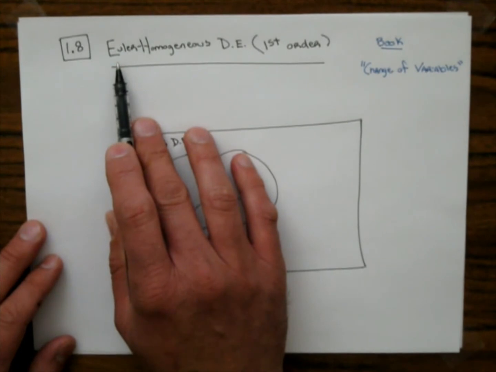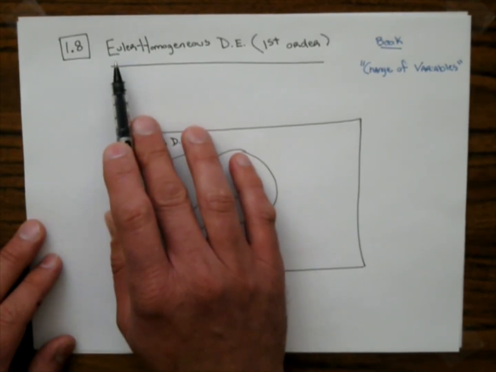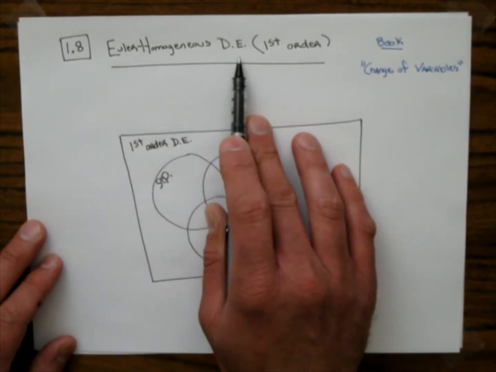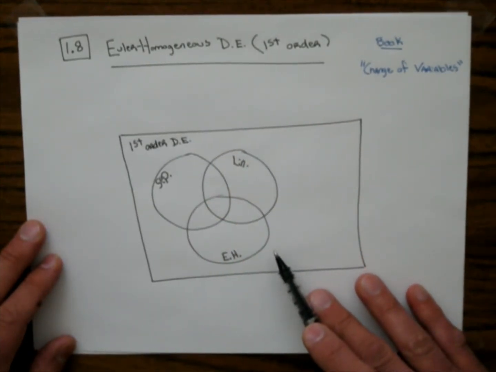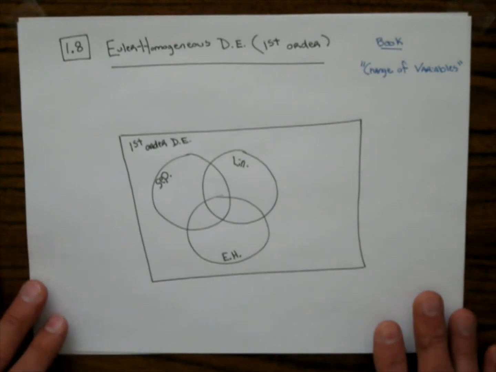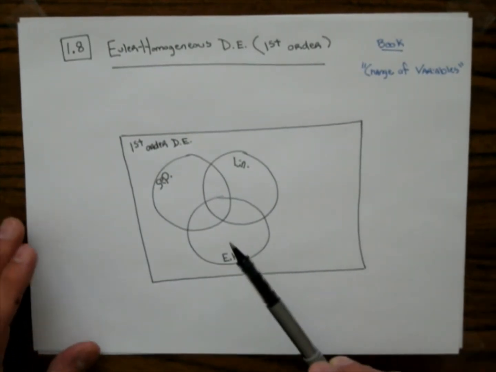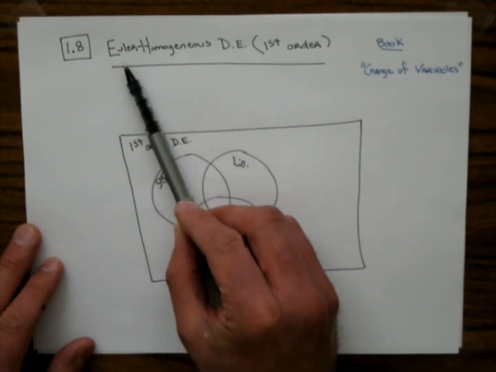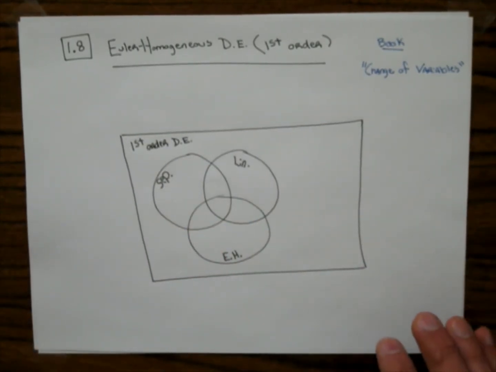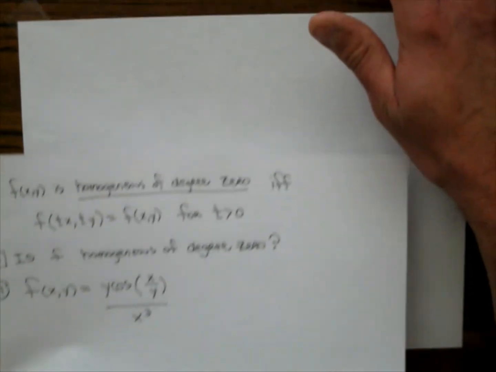Since Euler worked on this, I'm going to call this the Euler-Homogeneous differential equation so we don't get them confused with the other kind that we will see. So there's a Venn diagram, which means there are some differential equations that will be all three. Now we don't even know what this is, so let's get into some definitions.